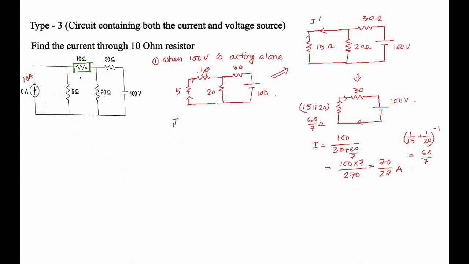I dash becomes the total current I into, since the 15 and 20 are in parallel, 20 by 15 plus 20. So I becomes 70 by 27 into 20 by 35. 35 goes into 70, so 40 by 27, that is nothing but 1.48 ampere, and the direction is right to left.